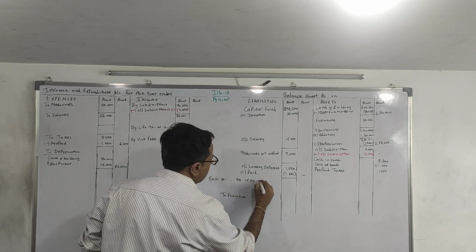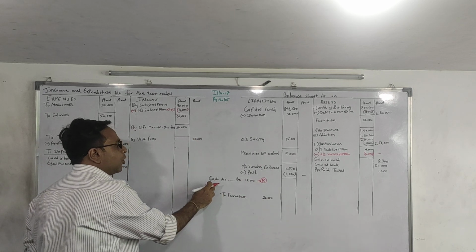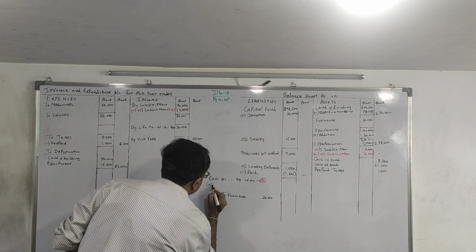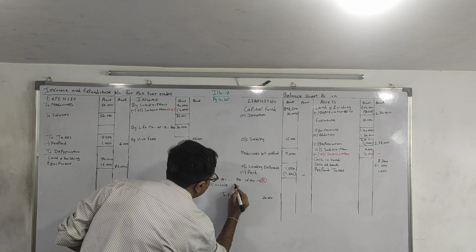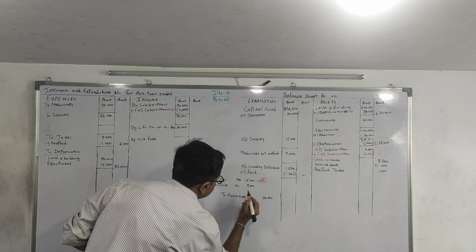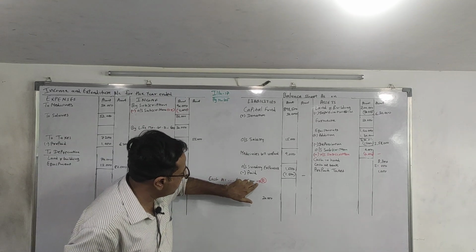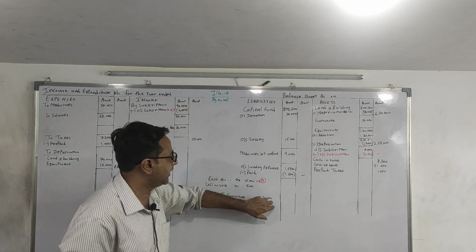In your receipt side. Correct? So over here what will come? Loss on sale of furniture, loss on sale account debit 5,000. So basically this is the journal entry: cash account debit 15,000, loss on sale 5,000, to furniture 20,000.